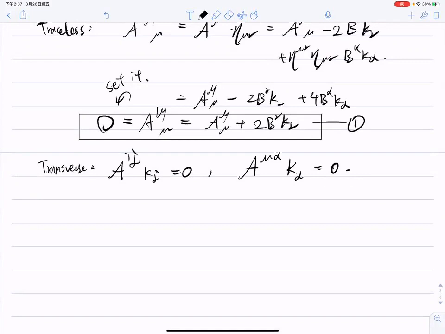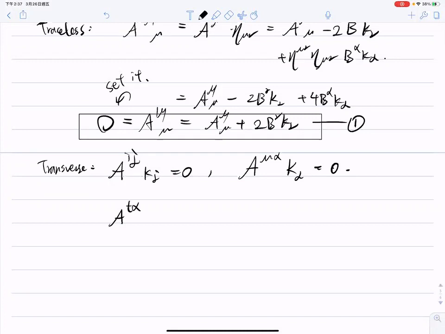We make use of the wave before the gauge transformation, which is the A mu alpha, right? And then we want this to equal 0. How? We just need to prove the time component equals 0.